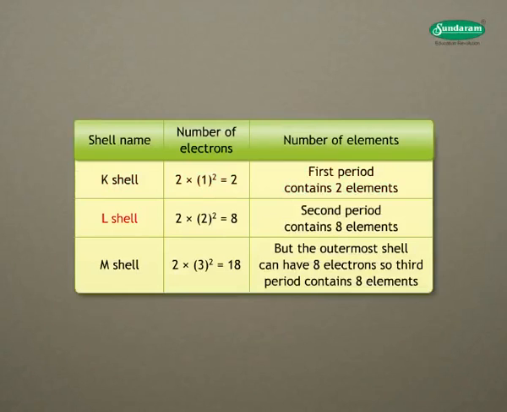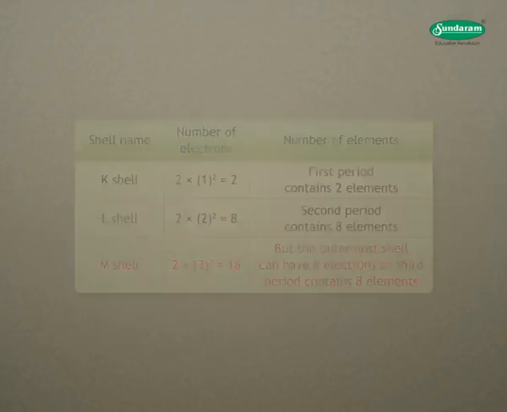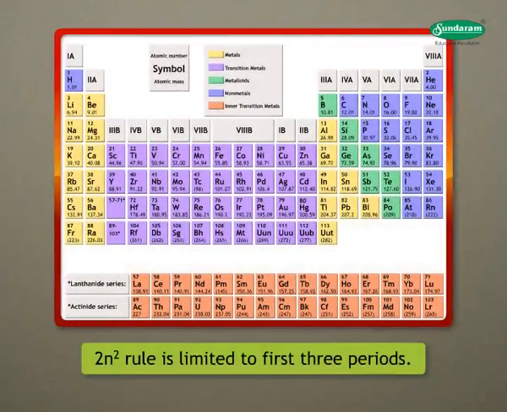The L shell has 8 electrons, so the second period has 8 elements. The M shell has 18 electrons, but the outermost shell can have only 8 electrons. Hence, there are 8 elements in the third period. The 2n square rule is limited to the first 3 periods.